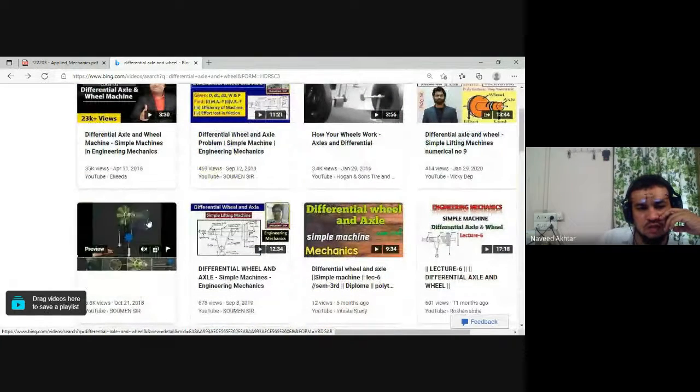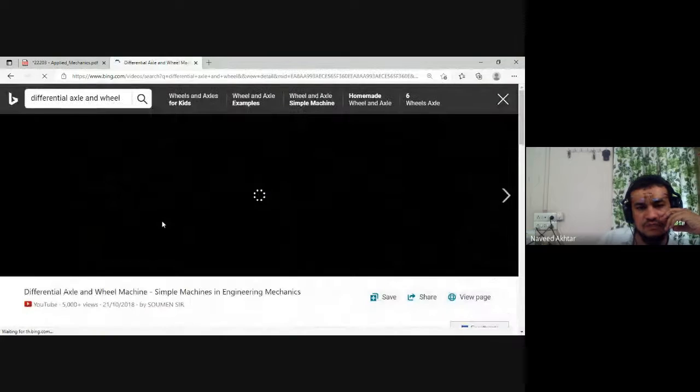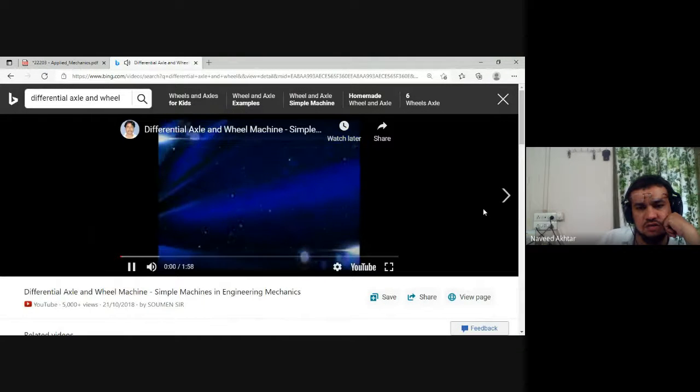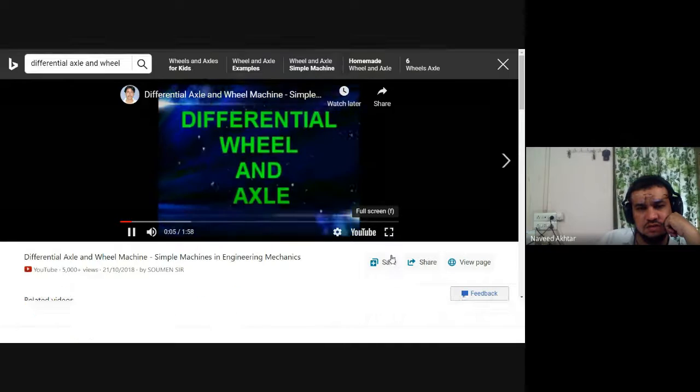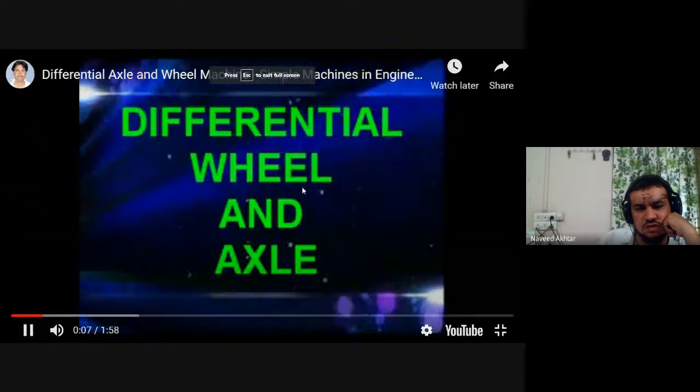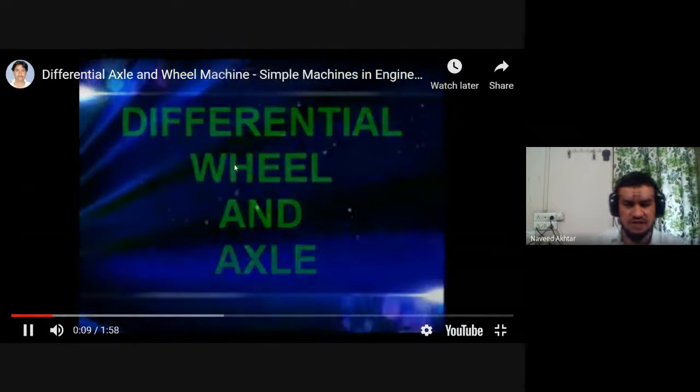Also, you can see from this video how the differential axle and wheel works.